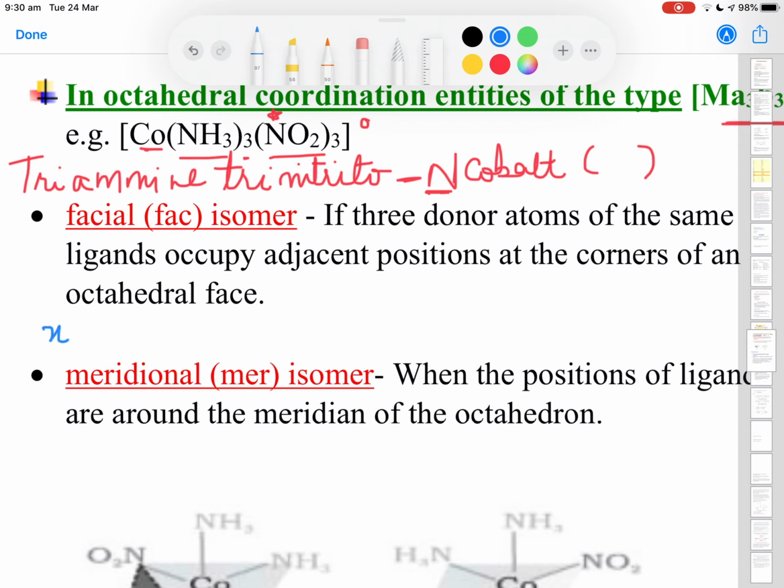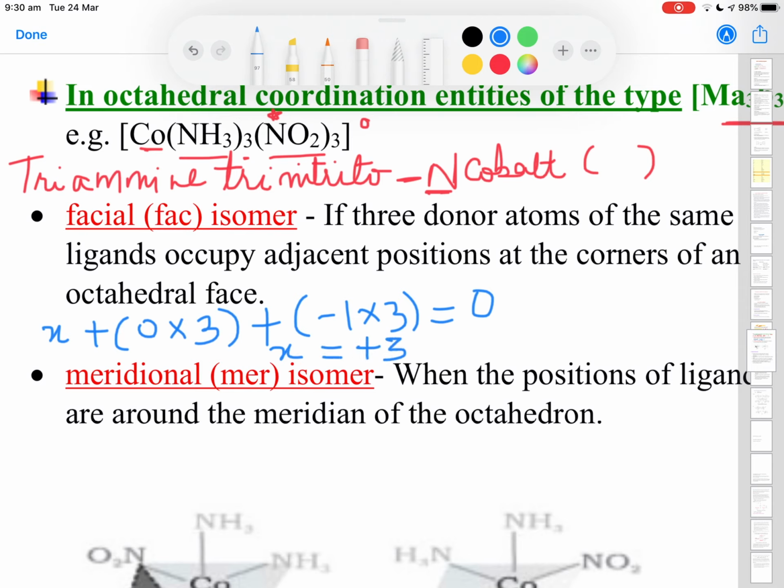Again, cobalt, I'm going to put it as X plus amine 0 into 3 plus nitrito, it's minus 1 charge, into 3 equal to 0. So the value of X lands up as plus 3. So here I'm going to write 3 in Roman numerals. So that's the IUPAC name. I think I have given you a lot of practice by now for IUPAC.